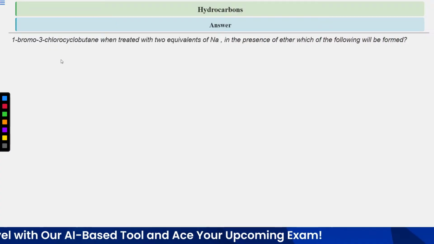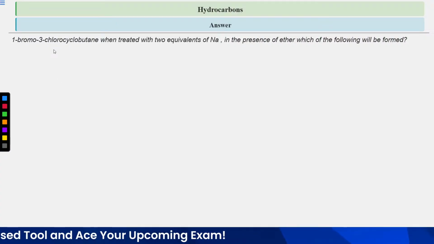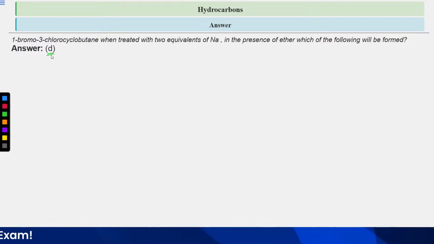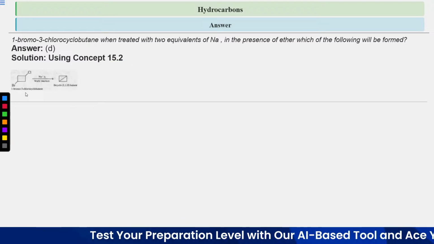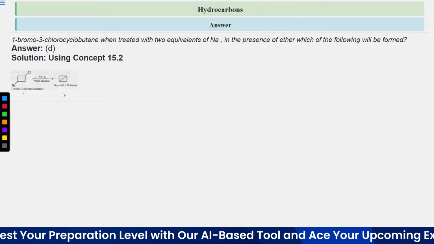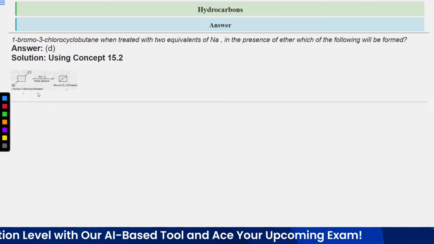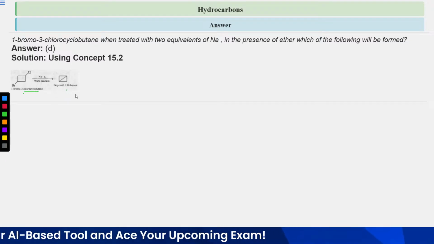For the given question, the correct answer is option D. Using concept 15.2, this will be the reactant, 1-bromo-3-chlorocyclobutane, as given in the question.